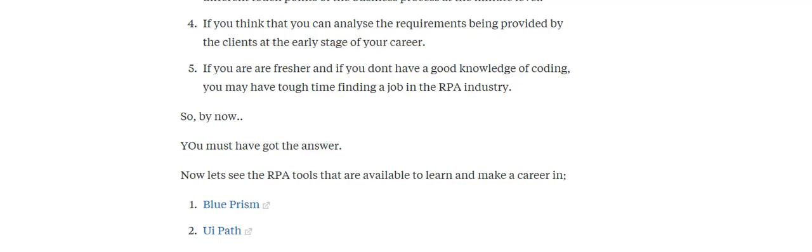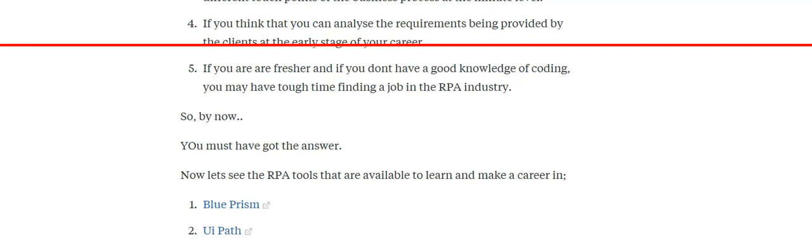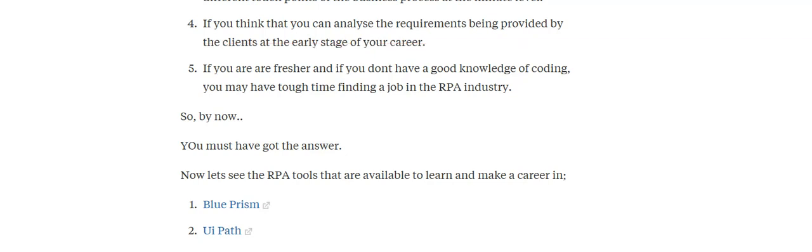Other than Blue Prism and UiPath, there is a nice tool, Redwood, and Beggar Robotics and OpenSpan are available. OpenSpan and Beggar Robotics you can easily learn and move on with. They have a lot of certifications and are nice tools.